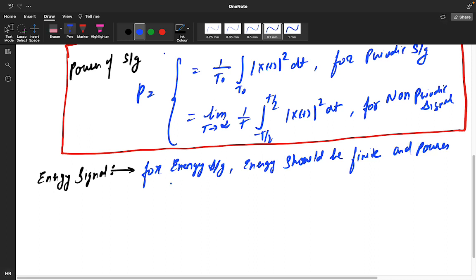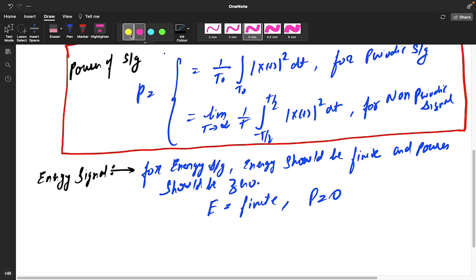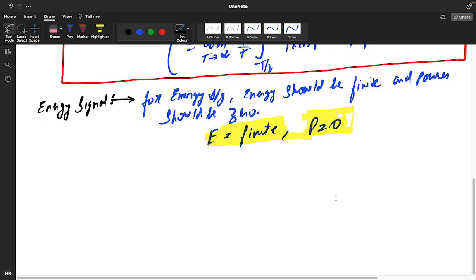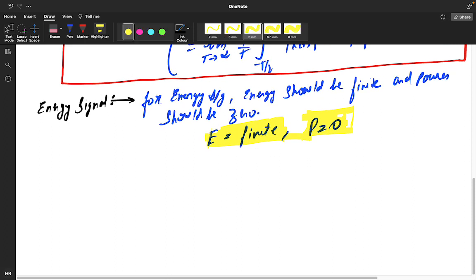So you will get E equal to a finite value, then your power value will be 0. Okay, so these things also you have to remember. And we'll see how it's coming. While doing the question also you will understand.